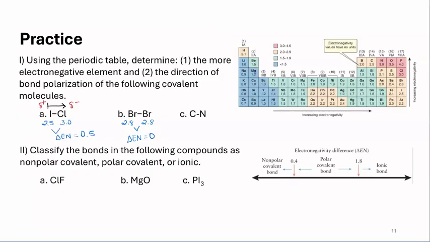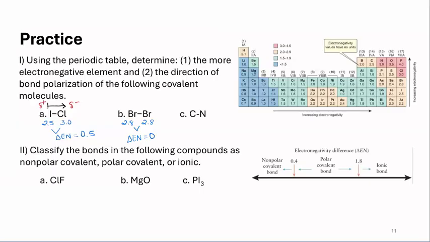Anything that has an electronegativity difference less than 0.4 is considered a nonpolar covalent bond. In a nonpolar covalent bond, we cannot use any of this signage because those signs are exclusively utilized for polar covalent bonds.